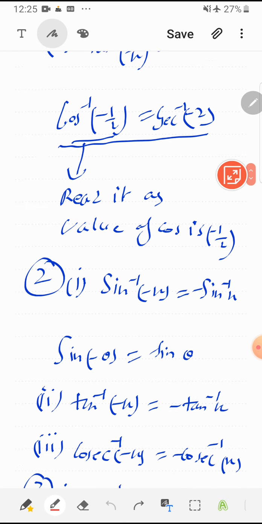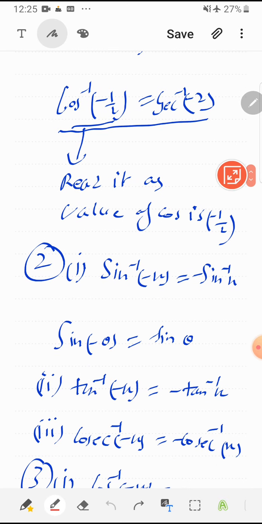Next formula: everyone knows in trigonometry, if there is a negative angle of sine, then the value of sine is negative. That means sine inverse of a negative value gives a negative angle. Similarly, when I say a negative value of sine is there, then the angle becomes negative. So sine inverse of minus x means negative value and negative angle.